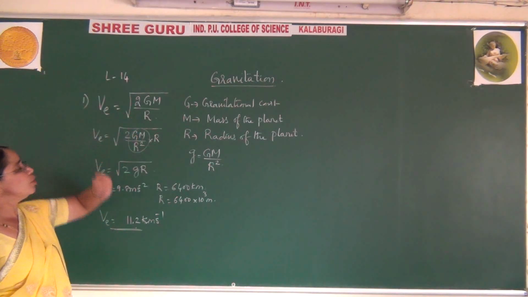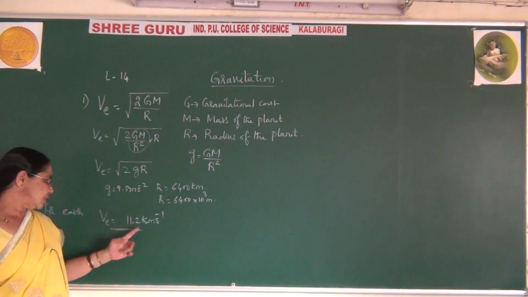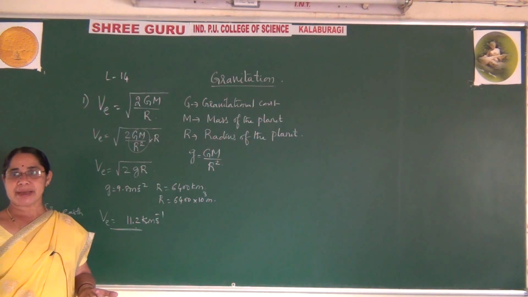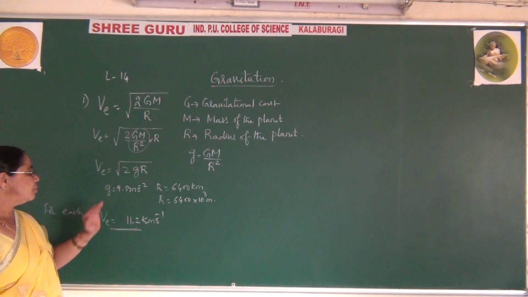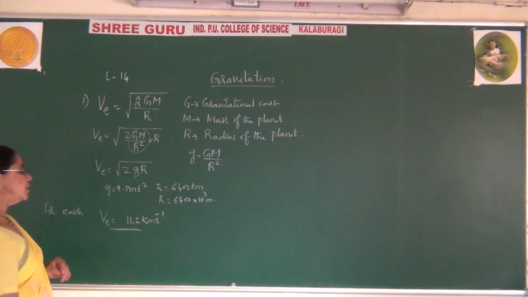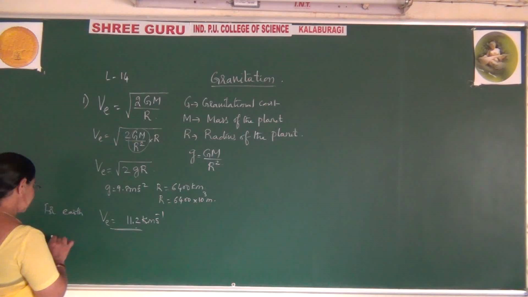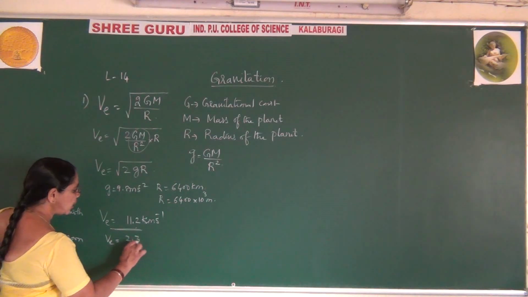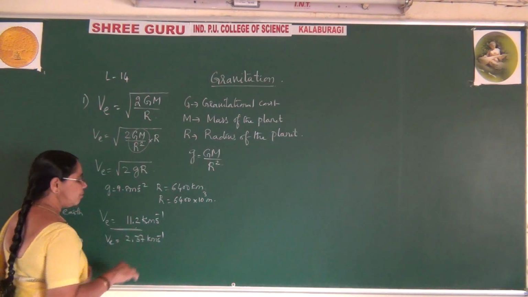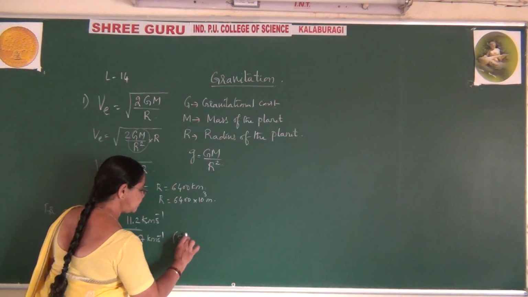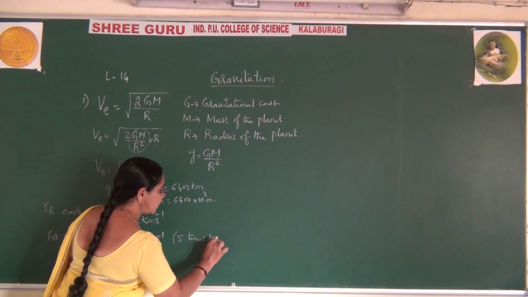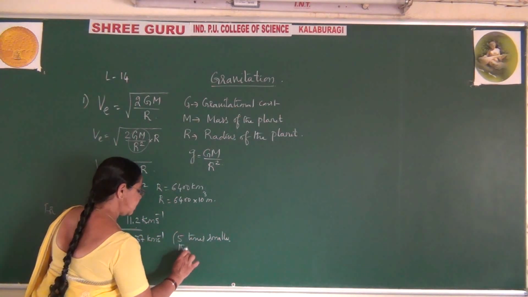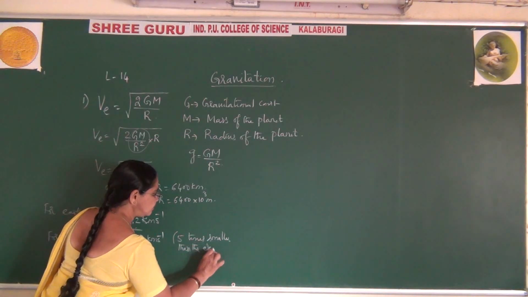Now you can also calculate for other planets. If you want to calculate for the Moon, remember, the escape velocity for the Moon is 2.37 kilometers per second, which is 5 times smaller than the escape velocity of the Earth.